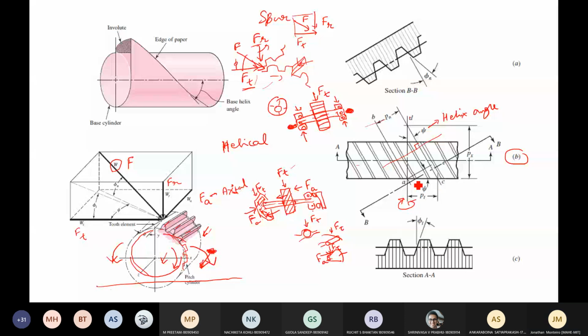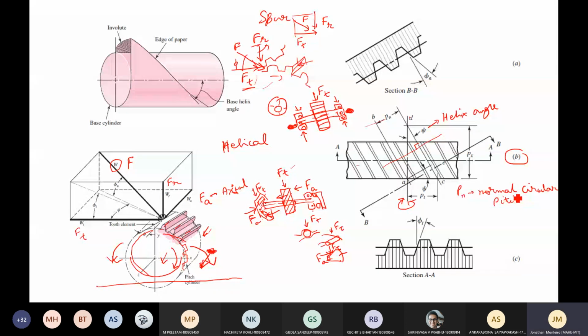Pn is called the normal circular pitch, the distance between any two adjacent items along the surface. Why is it called normal?